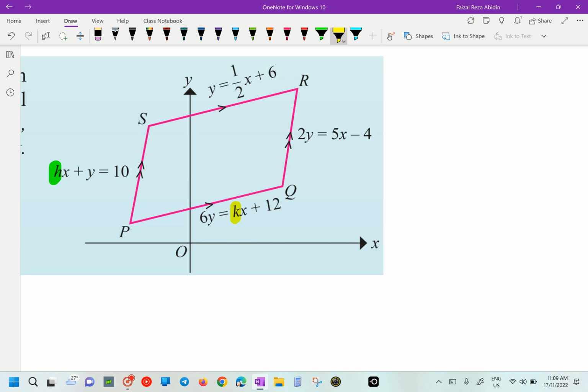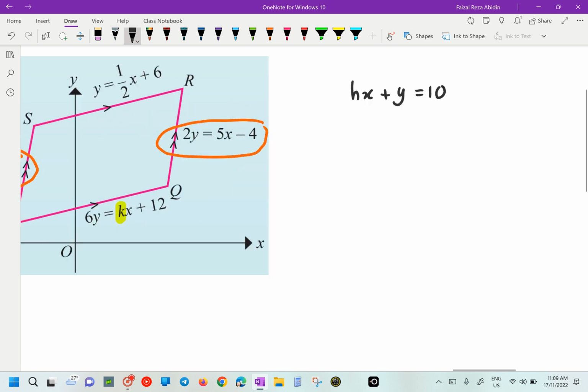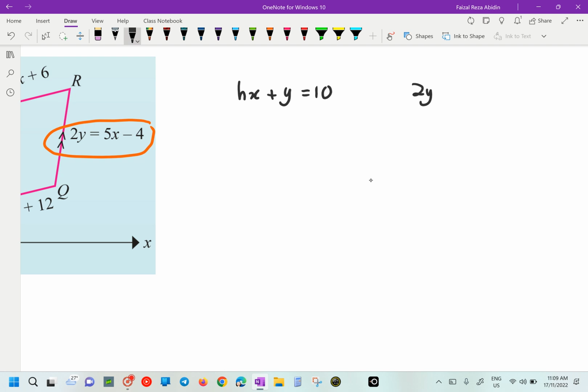We are going to use hx plus y equals to 10 and 2y equals to 5x minus 4 to find the h. Why? Because both equations, if you look, the straight lines are going to be parallel. So I'm going to take the equation hx plus y equals to 10, and the other one we have 2y equals to 5x minus 4.